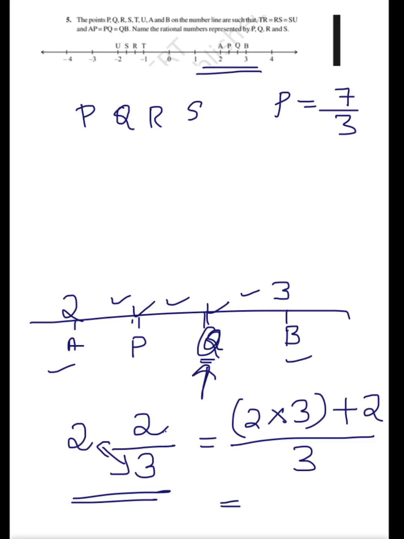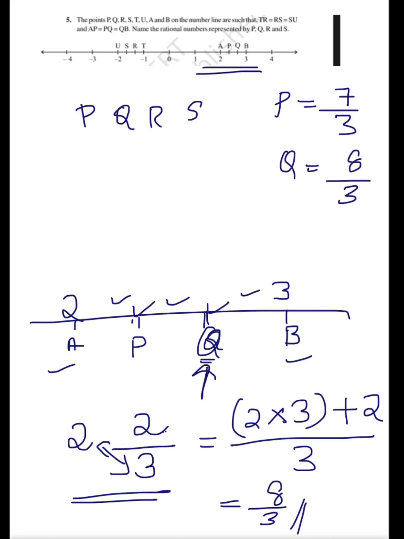So what will you get? 2 into 3 is 6, 6 plus 2 is 8. So 8 by 3 will be the answer. So Q equal to 8 by 3.